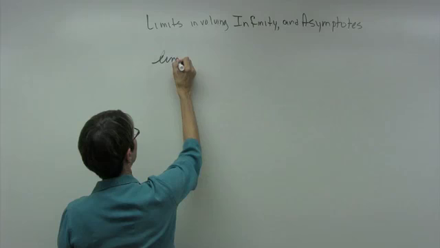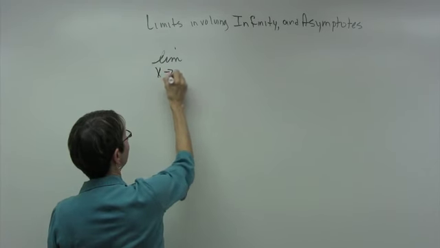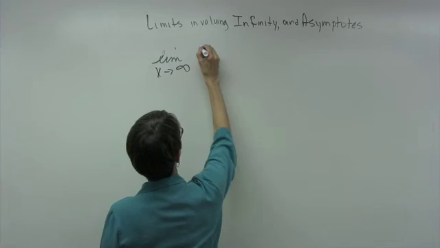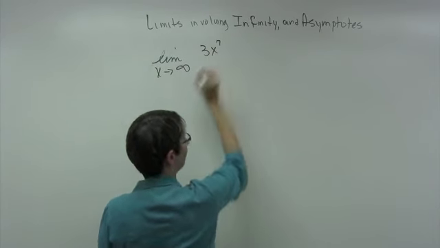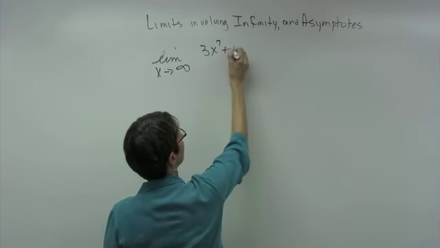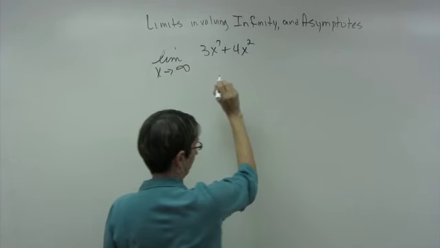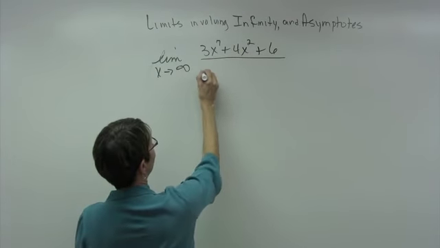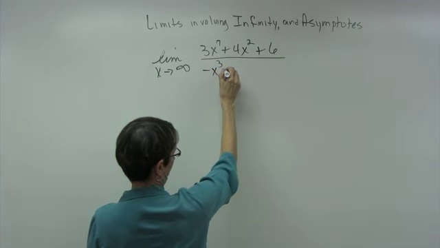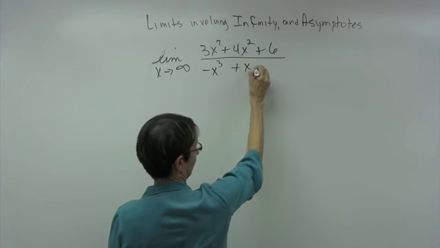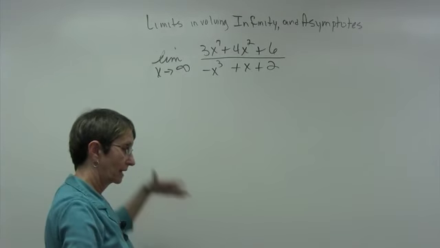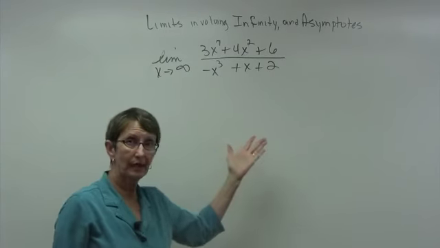Limit as x approaches infinity of 3x to the 7th plus 4x squared plus 6 over negative x cubed plus x plus 2. Now, what do you do with one like this?